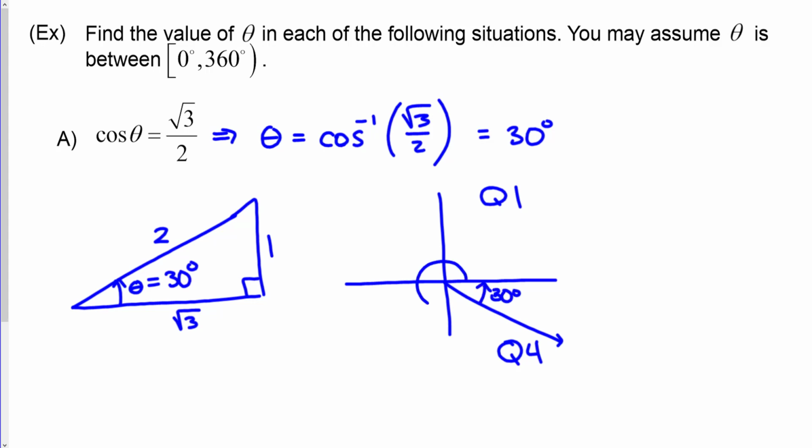So I just need to figure out what this angle measure is for a reference angle of 30 degrees. The entire rotation has to be 360 degrees, so 360 degrees minus 30 degrees gives 330. So 330 degrees is another angle measure that would result in the cosine of that angle being square root of 3/2.